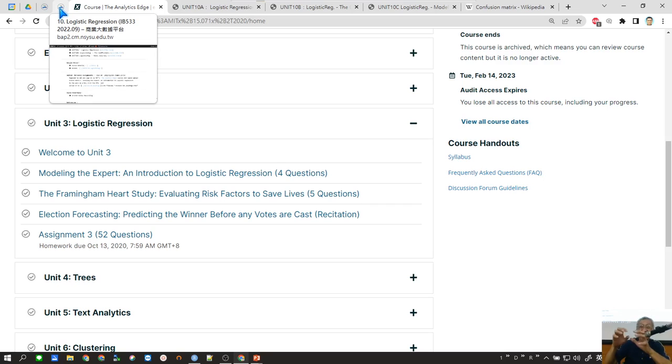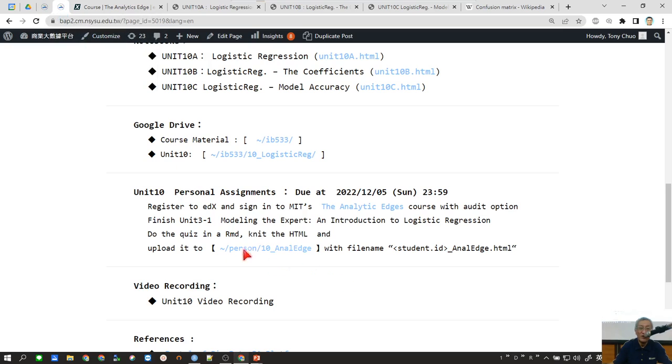Then put the answers of the quizzes in a notebook and submit it for your personal assignment this week. Get that? Do it so we can start to do the application on exactly this case next week.